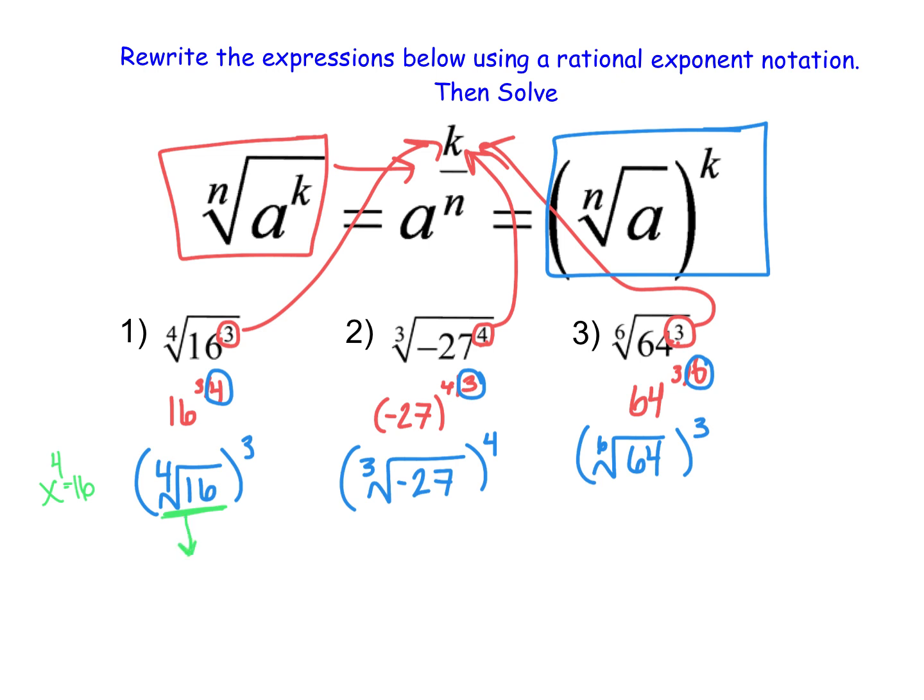So I can rewrite this part underlined in green as a 2. And then we take 2 to the power of 3 on the outside here. 2 to the power of 3 is 8. So by using our knowledge of fractional exponents and roots, we find that the answer is 8.